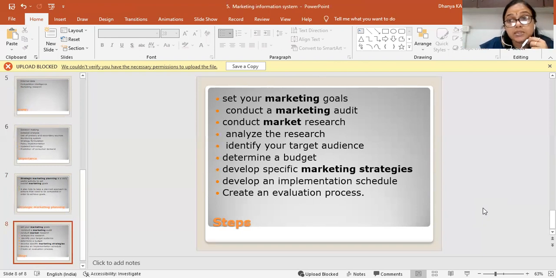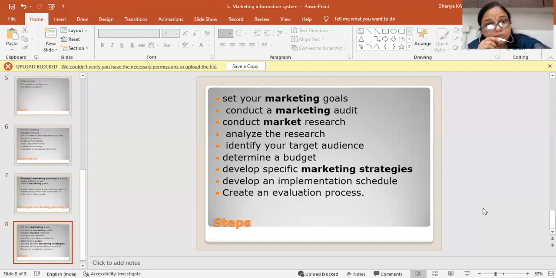All these things are internal to the organization. Both these internal and external factors have an impact on the strategic planning, and because of these factors' influence, the company thinks of developing a specific strategic plan.